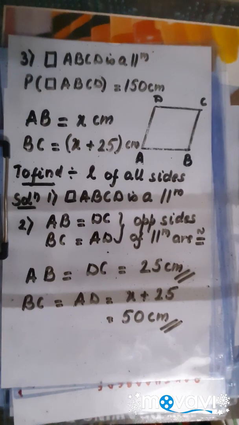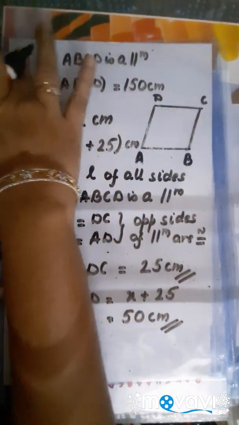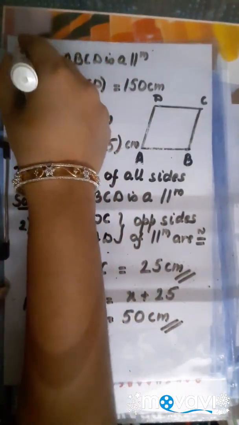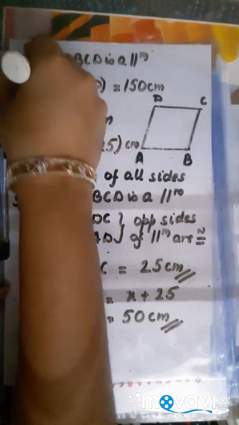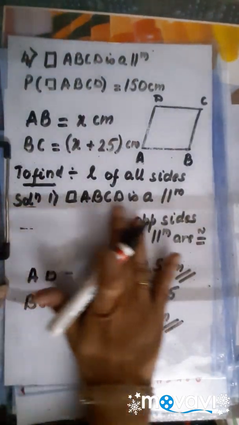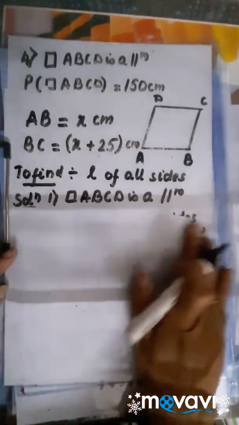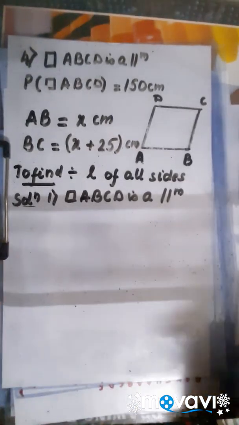Now see the next question. Question number 4. Quadrilateral ABCD is a parallelogram. Right?